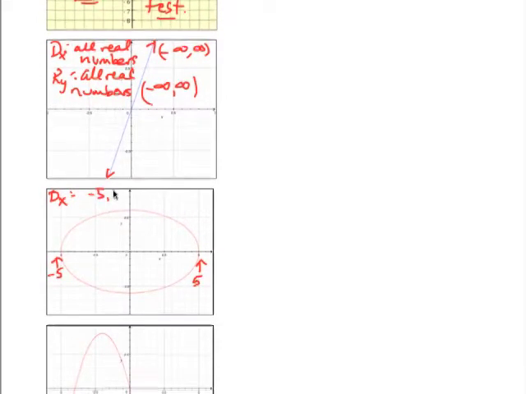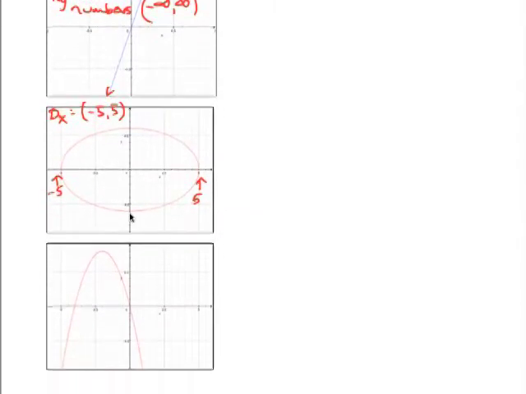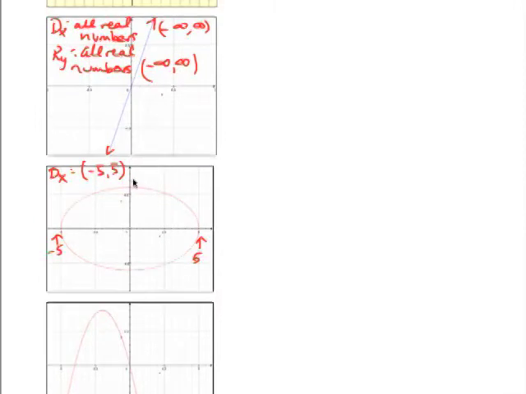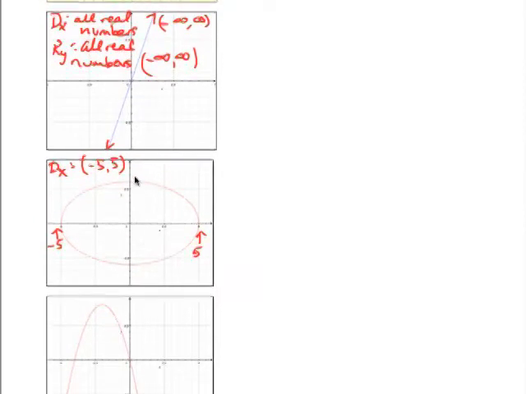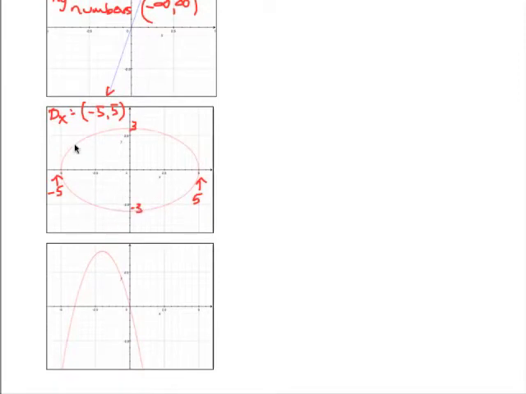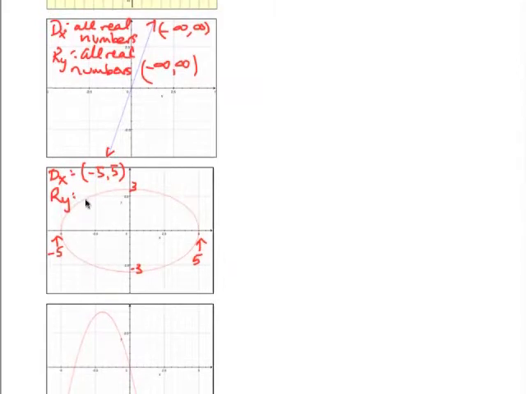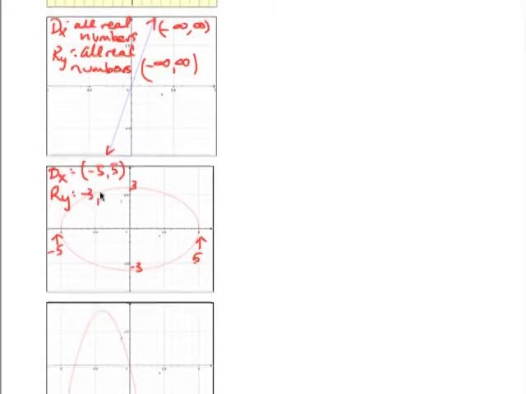So we'll use interval notation, and there it is. Now notice here, this is going from here to here. This is 2.5, so this is actually 3 here, and -3. And you'll notice that our range goes between -3 and 3.